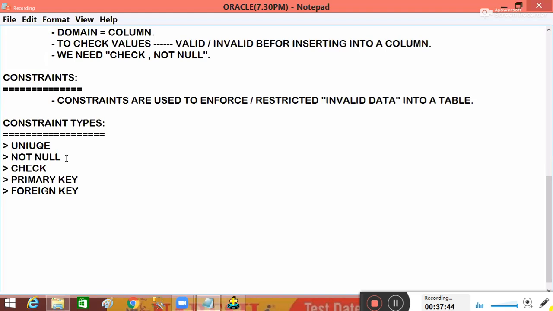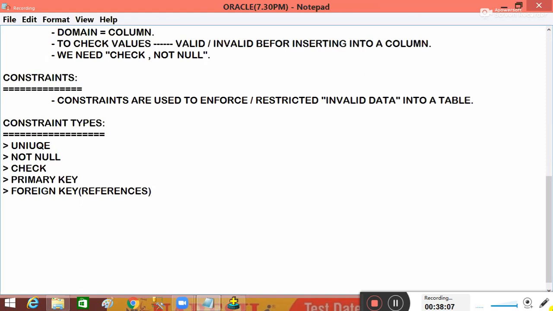And the foreign key we also call the references key.